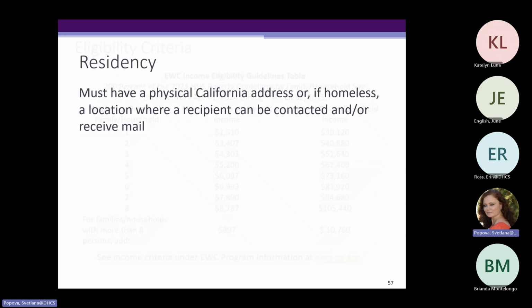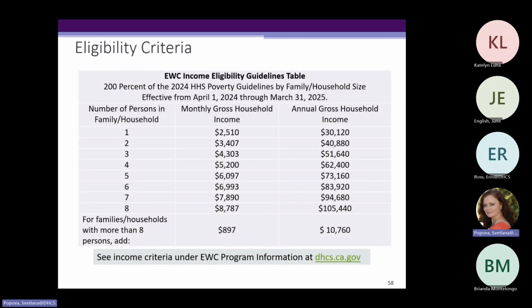So we've talked about residency. This is the list of the eligibility criteria. It's updated every year and published on the 1st of April. So this is the table that will be valid in just a couple of days. Again, this is self-reported. We're not asking for any documentation, but it's important to remember that our eligibility criteria are the same for BCCTP enrollment.